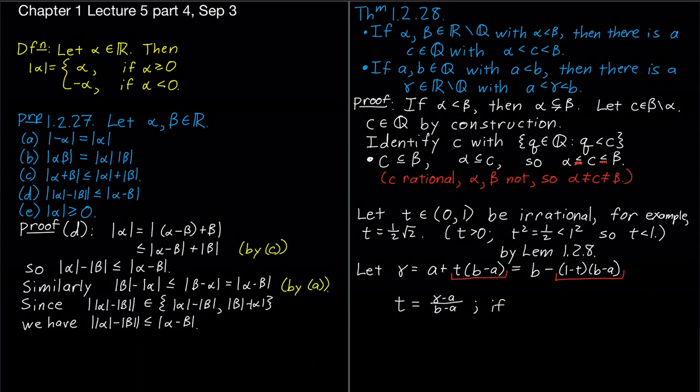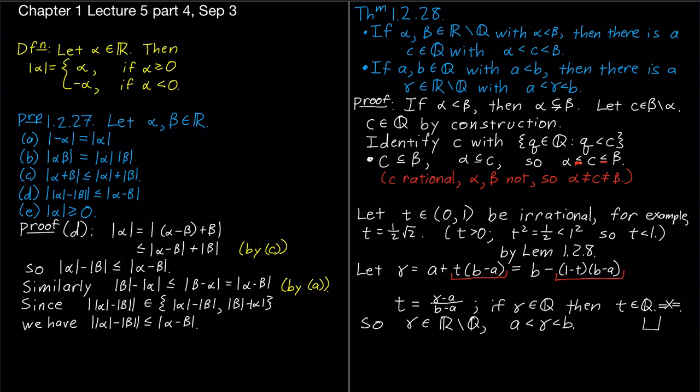So if gamma is rational, then T is rational, which it is not, which is a contradiction. So gamma is a real number, but it's not a rational number, and A is less than gamma is less than B. And that completes the proof of that.